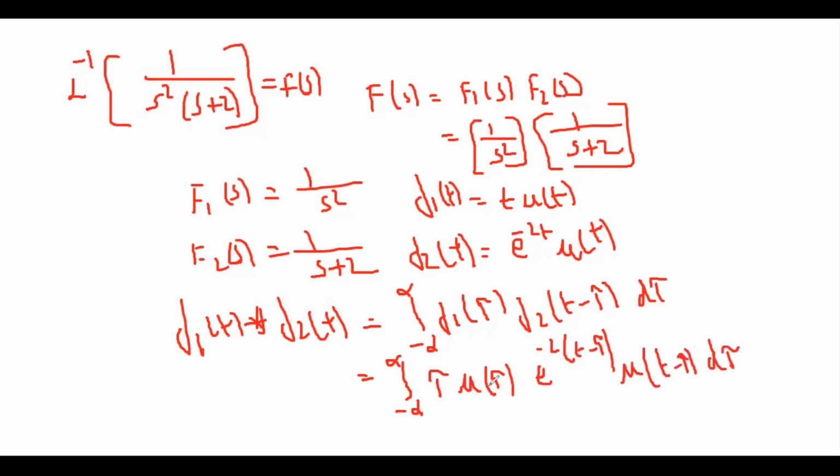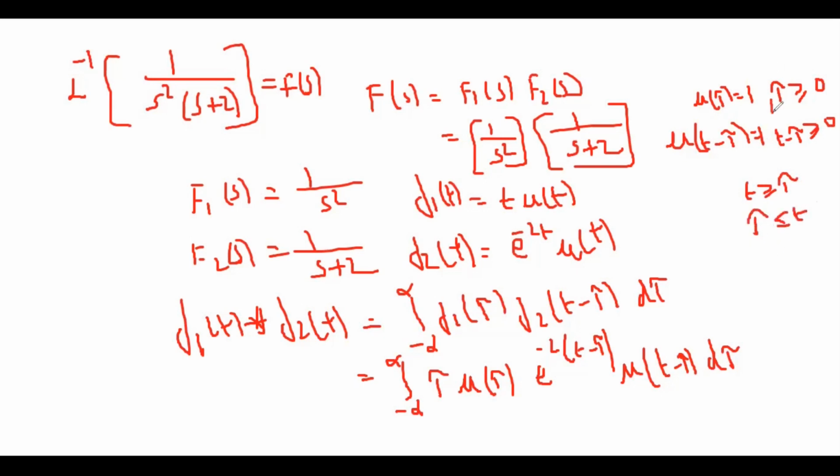Okay, mu of tau. What is the mu of tau? It is equal to 1 for tau greater than or equal to 0. Similarly, mu of t minus tau is equal to 1 when t minus tau is greater than or equal to 0, that is, t is greater than or equal to tau, and tau is less than or equal to t.